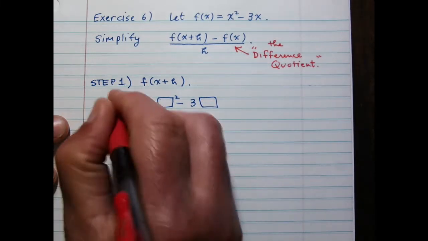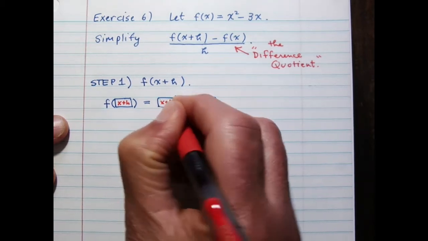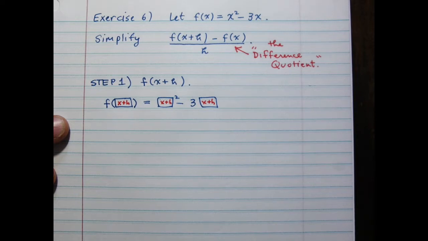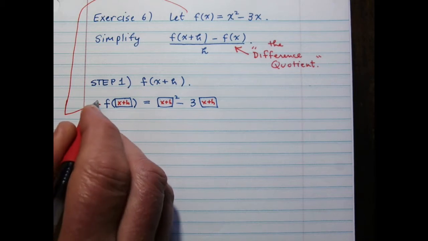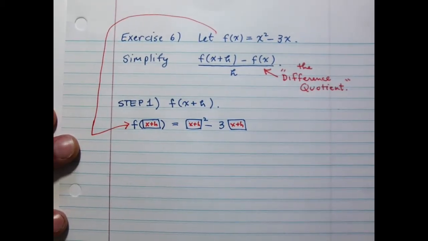And if I have x plus h in parentheses, then the x plus h has to go here, and the x plus h has to go there also, each position of the x from the original function. So I didn't recopy the original function there, just to make sure you realize where I got this from.